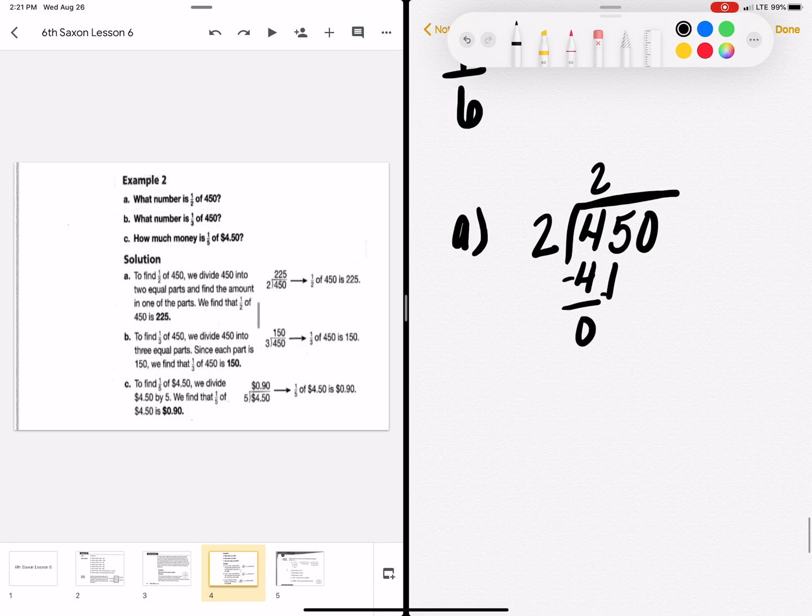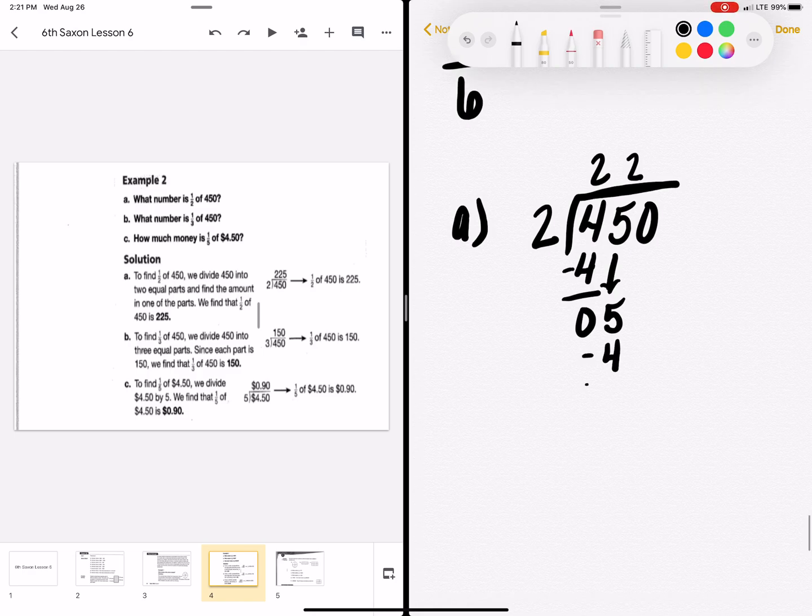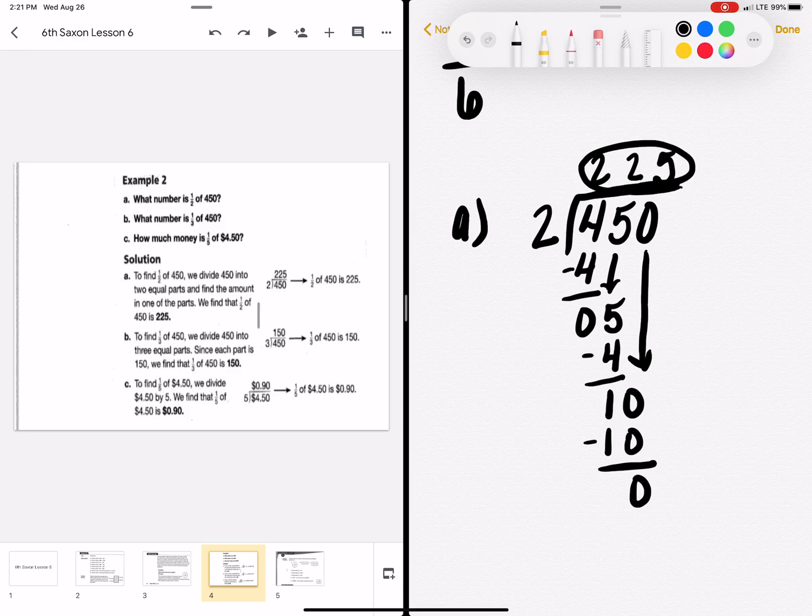Subtract and you get no remainder. 5, there are 2 2s in 5. 4, subtract and get 1. Bring down a 0. What times 2 is 10? That would be 5 times 2 is 10. And 1/2 is 225.